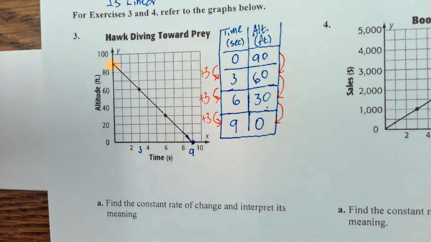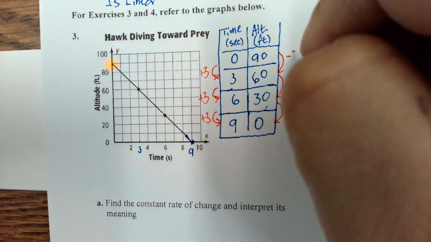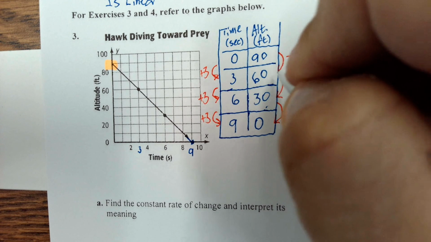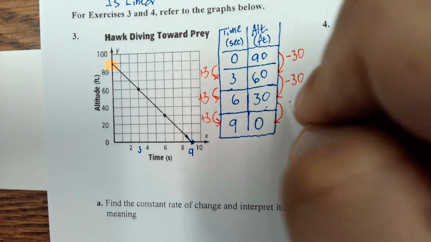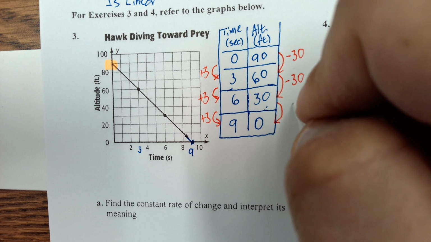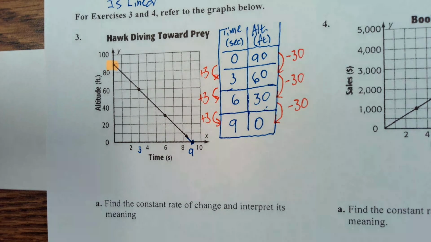How much are we going down by? Let's see. So let's do negative 30. And 60 to 30 is another minus 30. 30 to 0, that's another one.